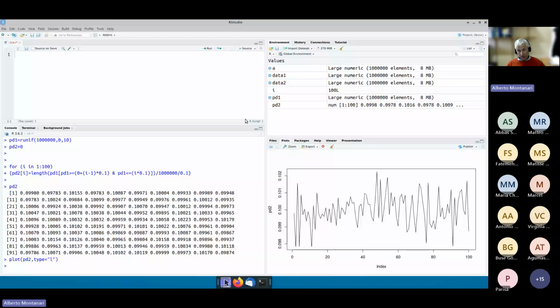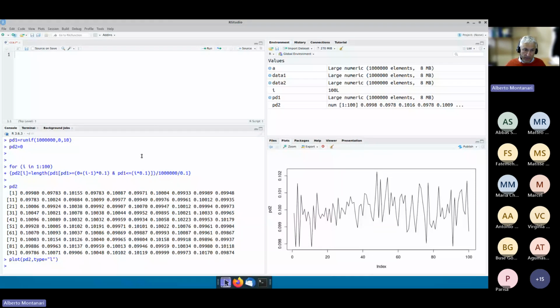Yes, because the numbers that I generated are distributed with identical chance of occurrence in the interval 0 to 10. So it's identical probability because the function runif, look at the console, I am selecting the function, runif is generating numbers with uniform probability over the range. So I am expecting that the probability density is constant along the range.